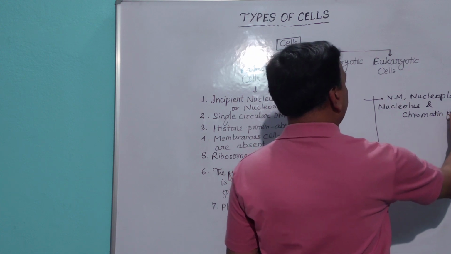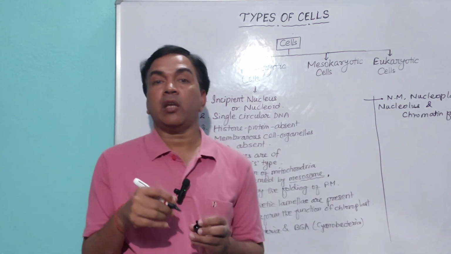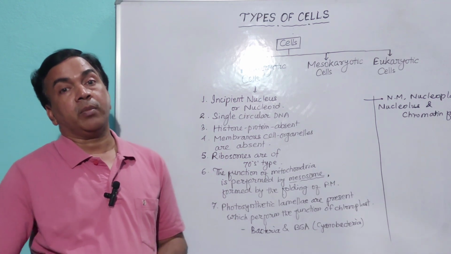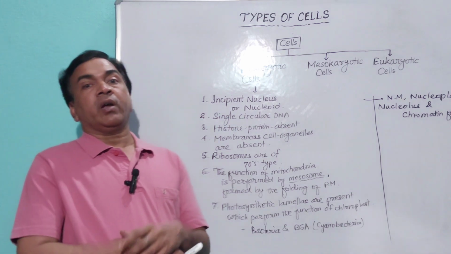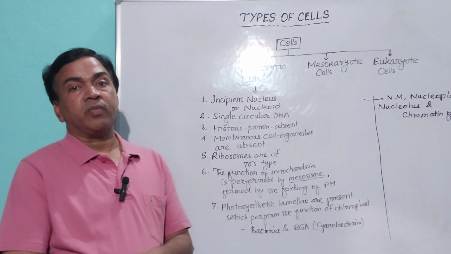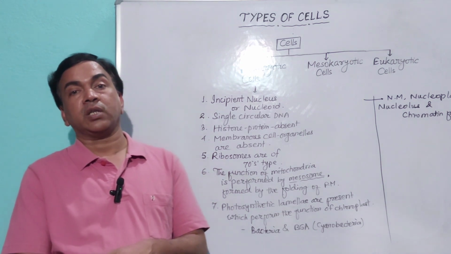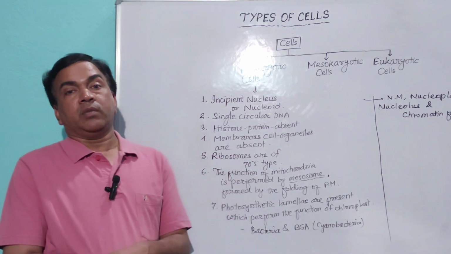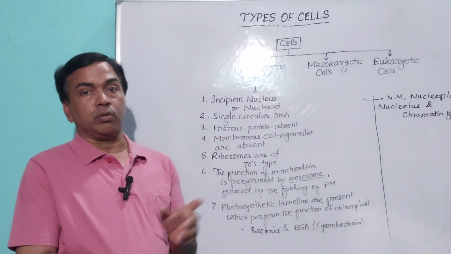The nuclear membrane is the boundary of the nucleus, which is double layered; nucleoplasm is the part of protoplasm present inside the nucleus; nucleolus is a small rounded, spherical structure present inside the nucleus; and chromatin fibers condense during cell division and are known as chromosomes.